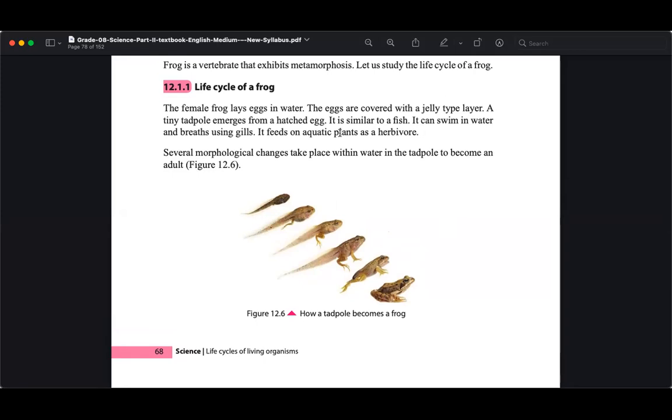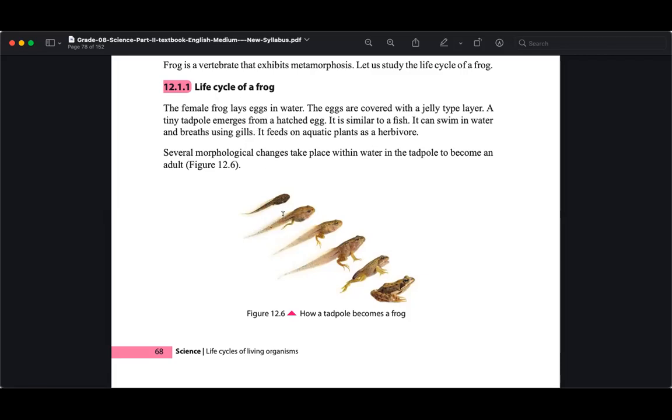The eggs are jelly-type eggs that float in water, and when it comes out of the egg it is similar to a fish, swimming in the water, so it has a tail. It uses gills to breathe. Fish also have gills, so tadpoles also have gills.